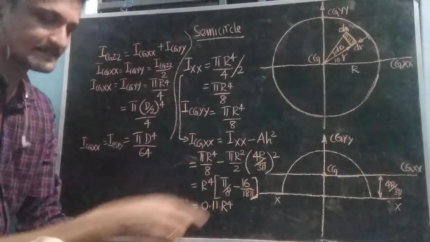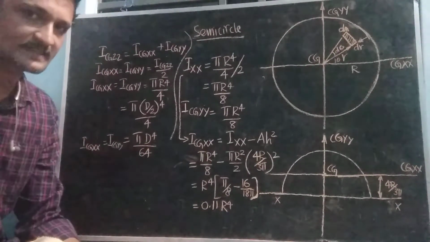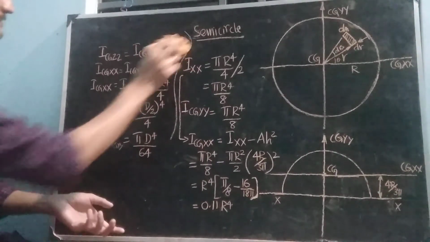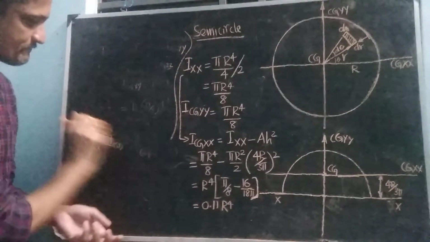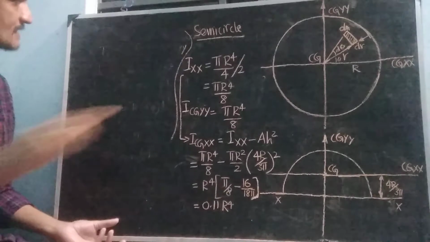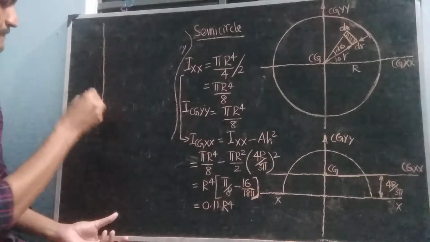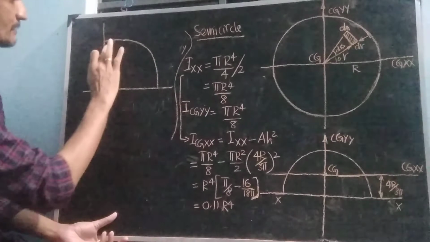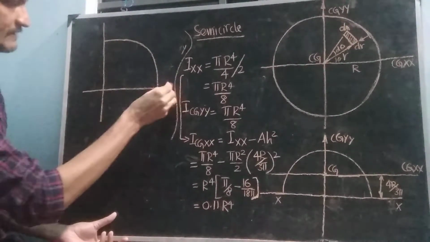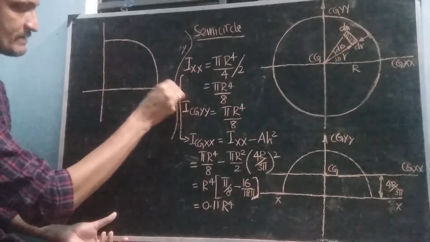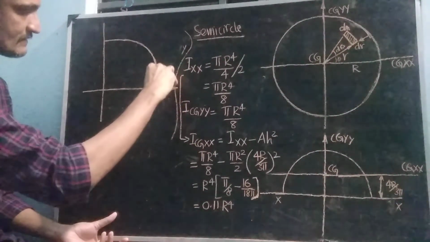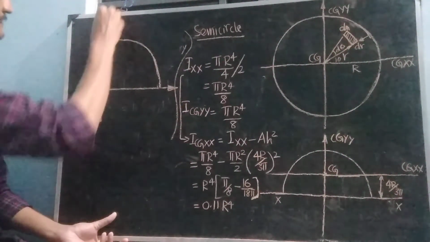Then next is quarter circle. In the case of quarter circle, some differences are there. This quarter circle is symmetric about both x and y axis. That means this quarter circle is like this.